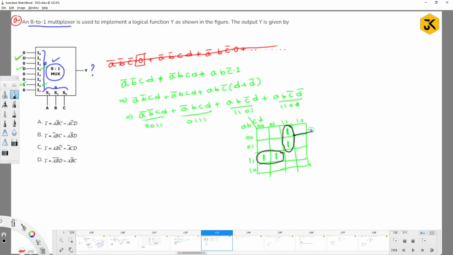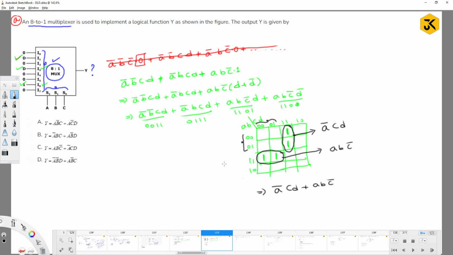If I combine this, A bar is not changing, so I can write A bar, and both C and D have to be there. Similarly, if I solve this subcube, you get AB, and C bar is not changing. So the final answer is A bar CD plus AB C bar.